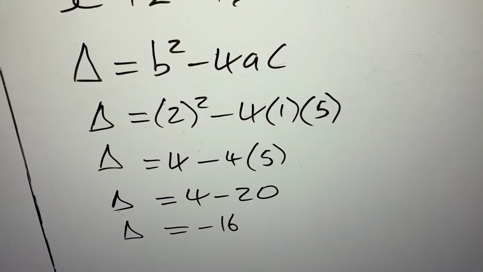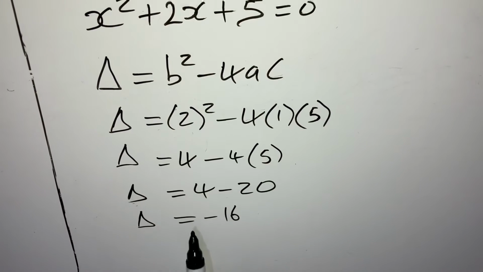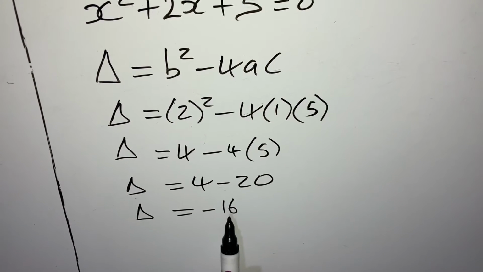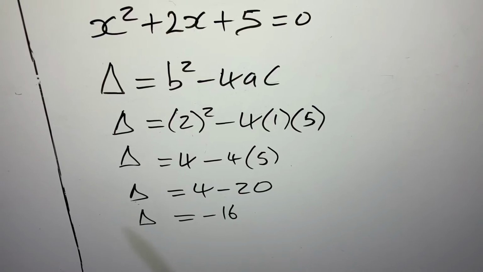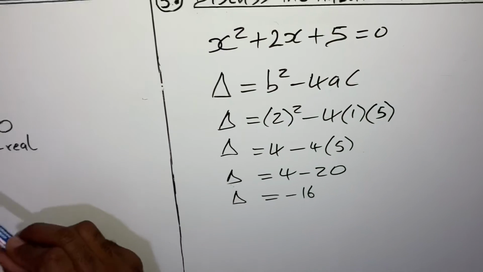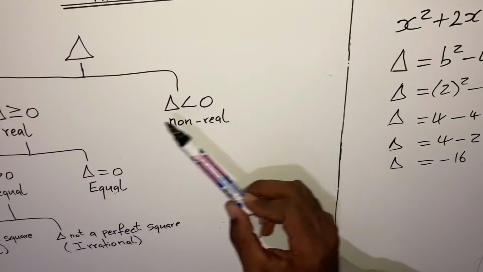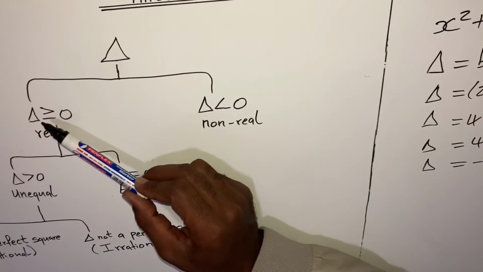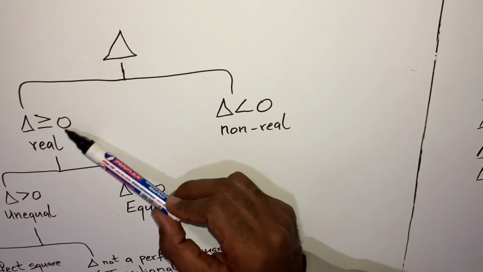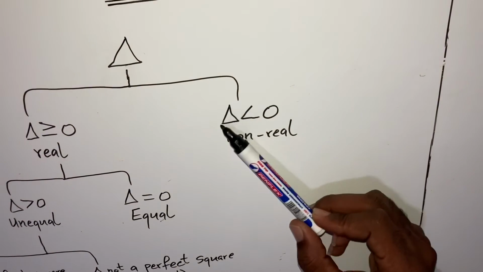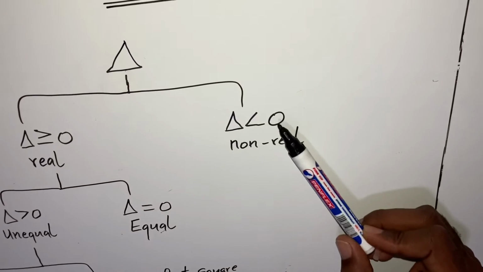Now that we have found our delta being negative 16, we can then refer to our diagram here. We check, first step, is my delta greater than or equal to 0, or is my delta less than 0?